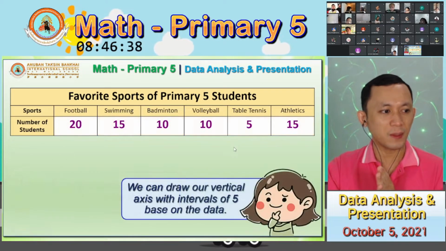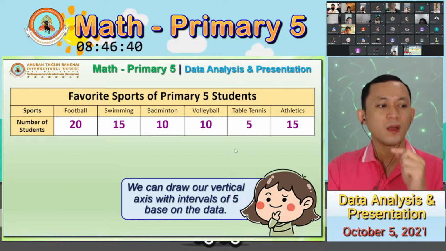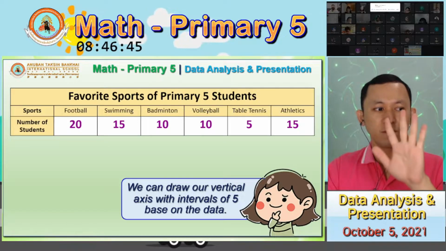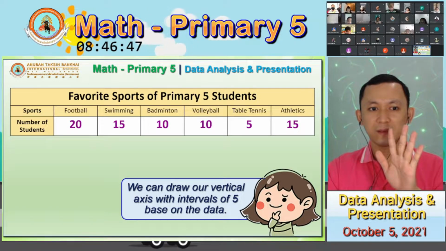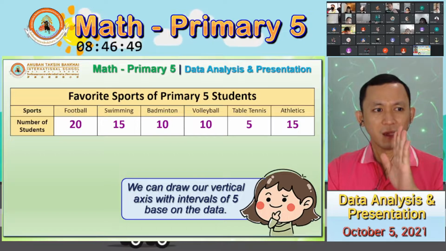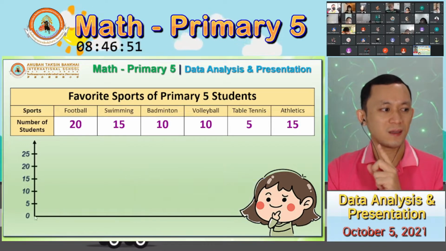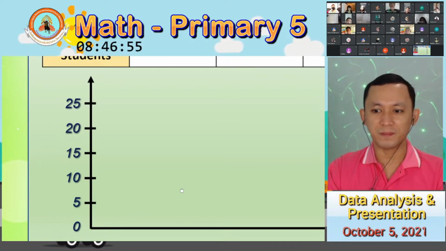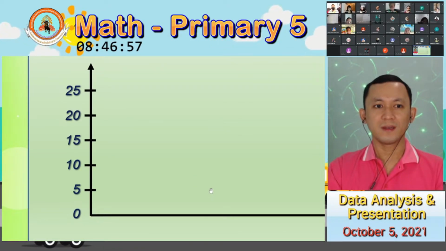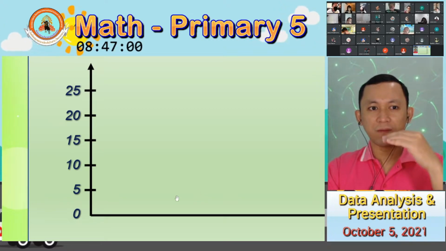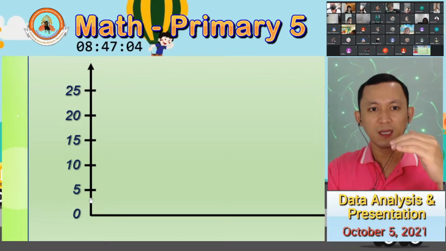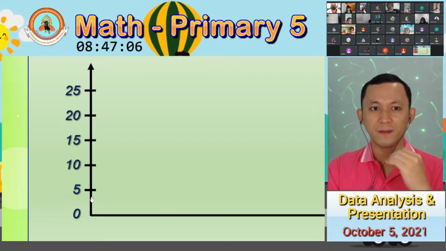In this example, we can draw our vertical axis with intervals of 5 base. Let's zoom in. So our interval is 0, 5, 10, 15, 20, 25.